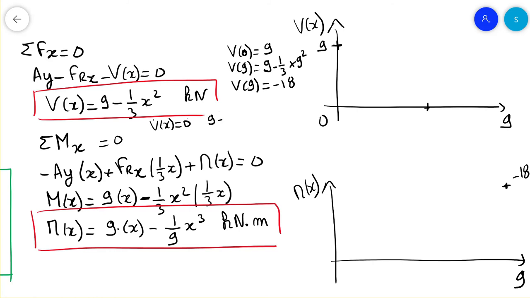So 9 minus 1/3 of x squared is equal to 0. So 1/3 of x squared is equal to 9, so x squared is equal to 27. So x is equal to the square root of 27, and this is equal to 5.20. That's a calculus question, right? Okay, and what you can do also is take your calculator and draw the curve. It looks like this.